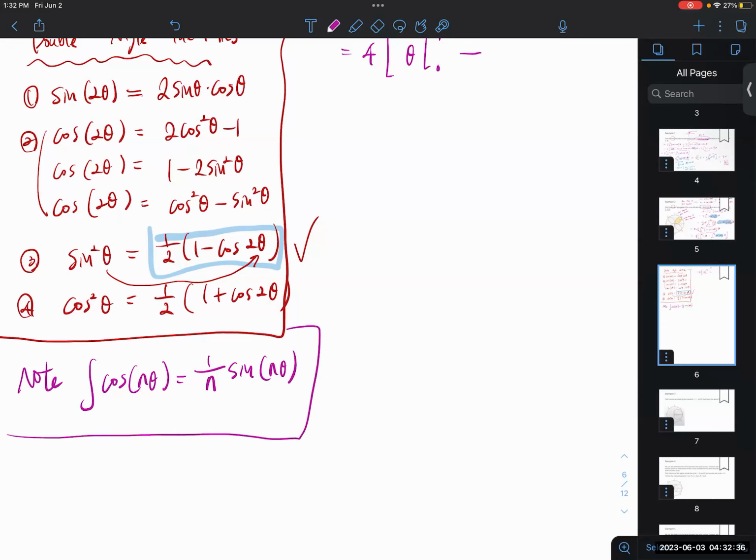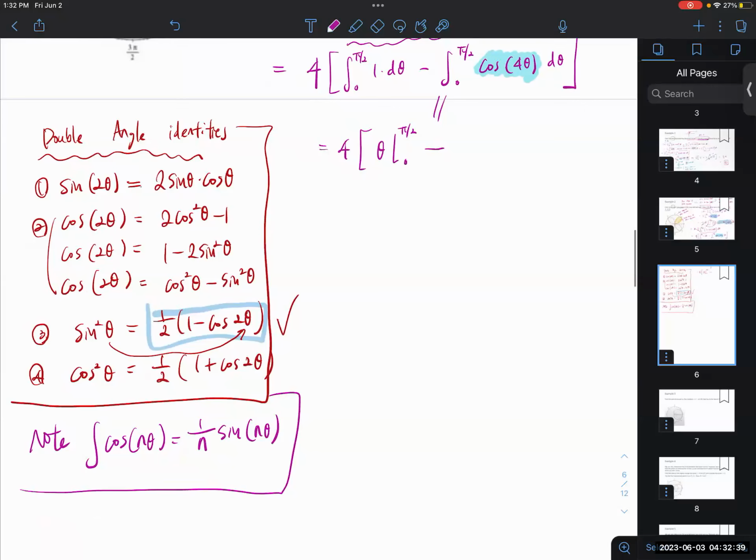So keep using this. So this is going to be 1 over 4, flip, and then sine, keep 4 theta, from 0 to pi over 2. Boom, we got it. And then we are going to simplify. So what happened?